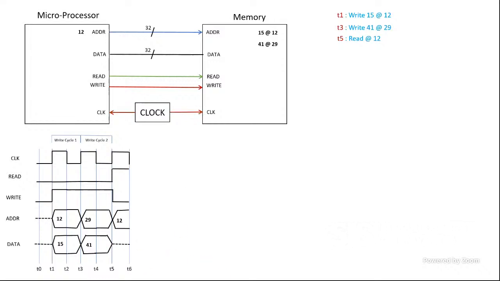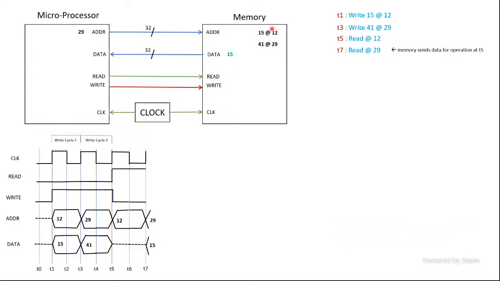Now in the next clock cycle, the logic stays as it is. Nothing interesting happens at the falling edge of the clock. And then at the next rising edge, memory completes the read.